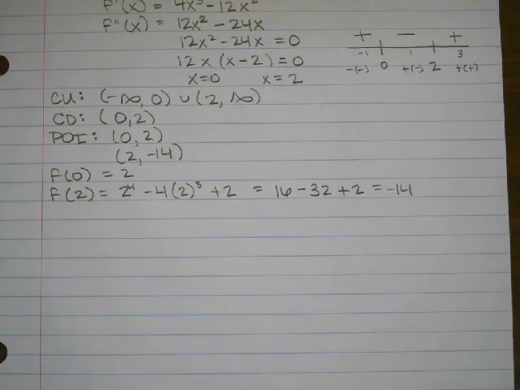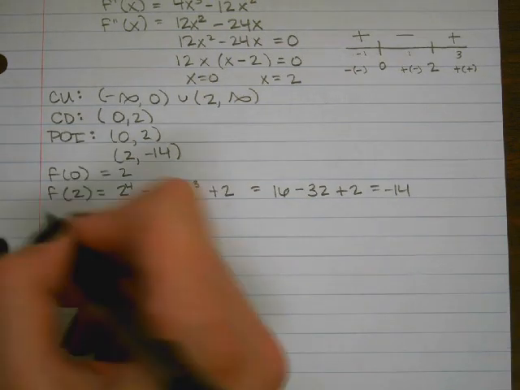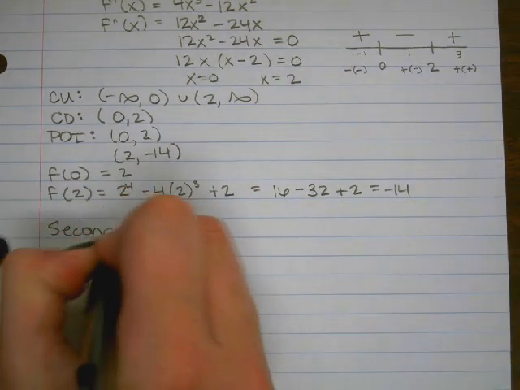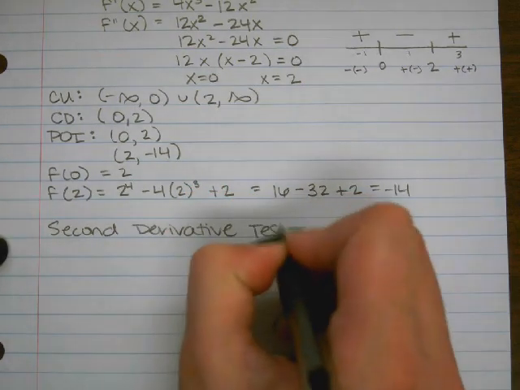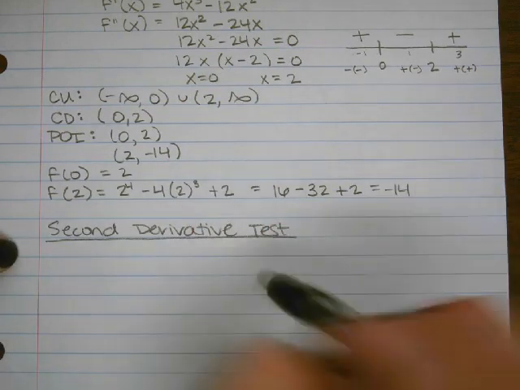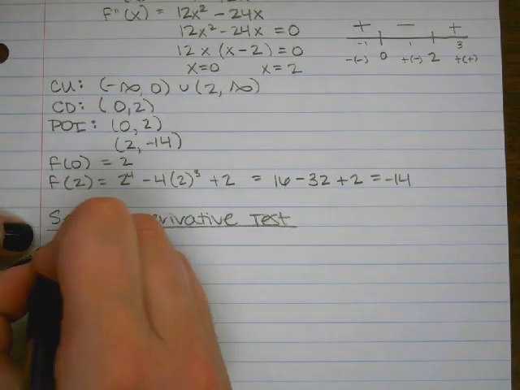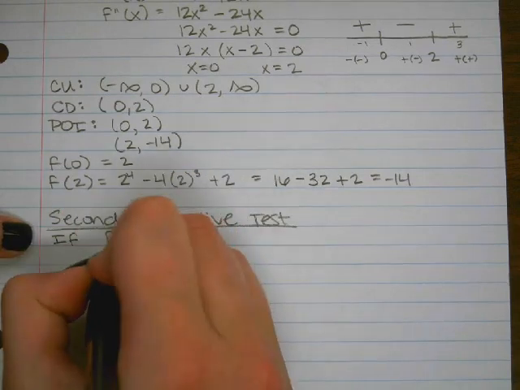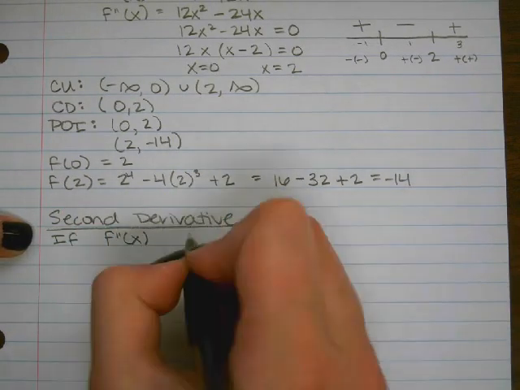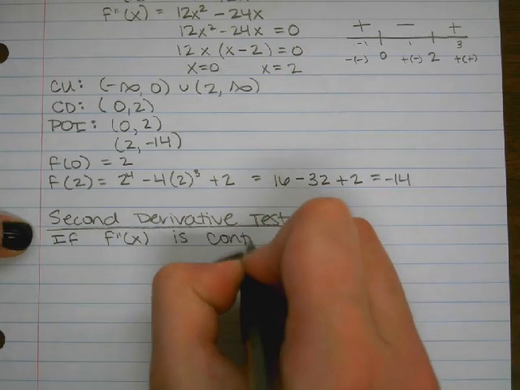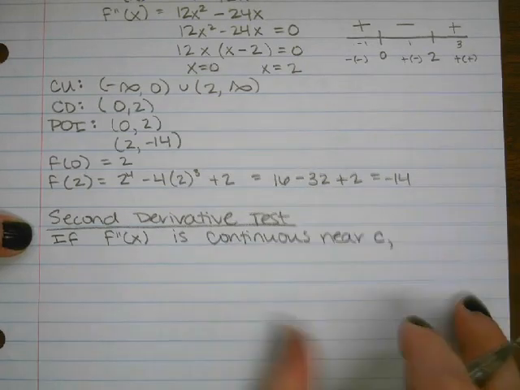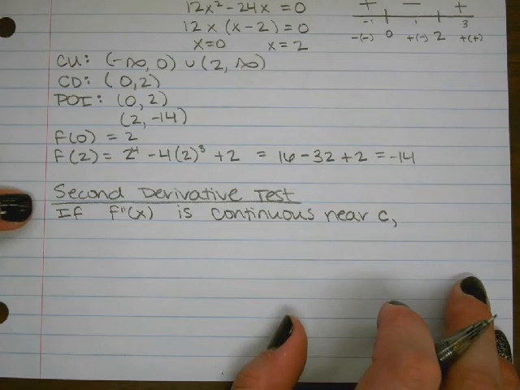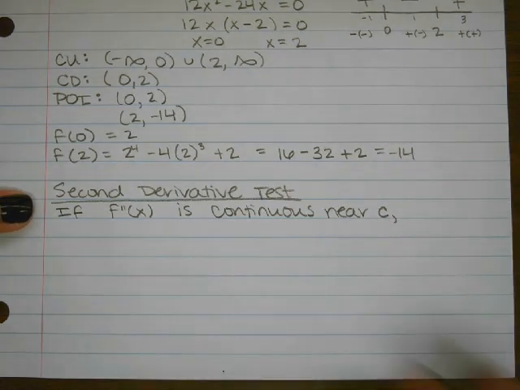All right, so here we're going to go ahead and write what the second derivative test actually says. All right, so the second derivative test says if the second derivative, f double prime of x, is continuous near c, and remember c was your critical number, so c is a number that either makes the first derivative equal 0 or it makes the first derivative undefined.